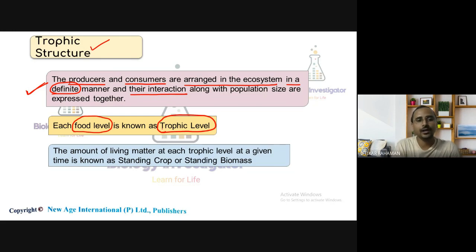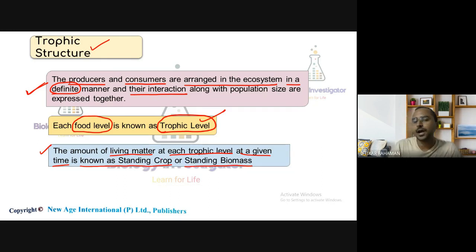Okay, and another important thing: the amount of living matter, meaning the biotic component, at each trophic level at a given time, একটা নির্দিষ্ট সময়ে, একটা নির্দিষ্ট ট্রফিক লেভেলে যতটা লিভিং ম্যাটার থাকে তাকে বলা হয়, দ্যাট ইজ নোন অ্যাজ স্ট্যান্ডিং ক্রপ or standing biomass.